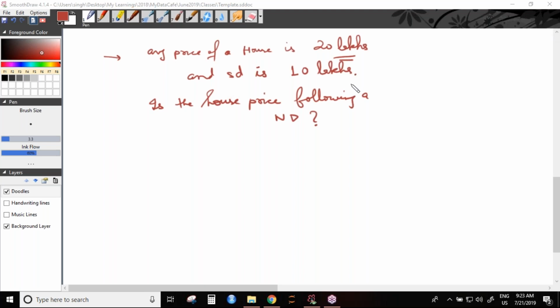Okay, Mukesh says no, it will not follow a normal distribution because the standard deviation is too high for house prices. No, but Mukesh, standard deviation is a constant. I have given you its value. So I don't think this is the reason why it is not a normal distribution. It is a standard deviation, so it is 10.